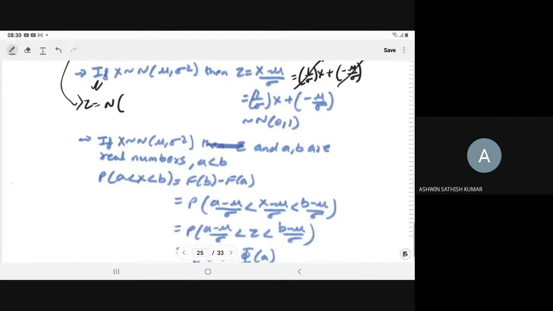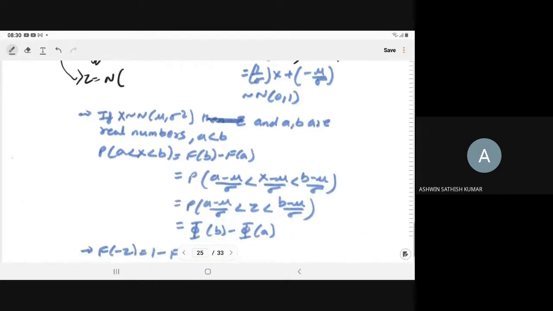In the case of the normal variate, if you have to determine the required probability, we can use the CDF. In all the books, you will find at least one statistical table, that is for the standard normal variate.